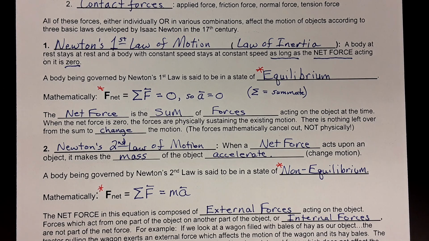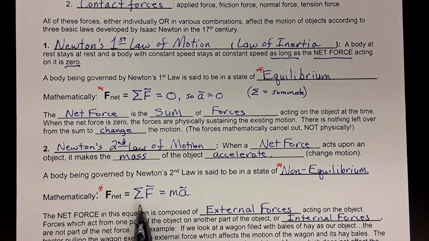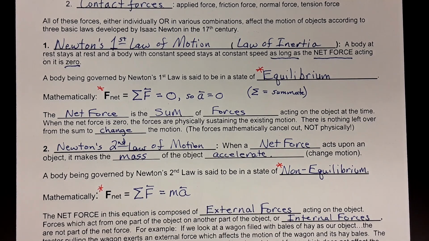And they don't affect the motion of the wagon. They're not part of the sum, the net force, that either keeps the wagon at constant velocity or makes it accelerate. Only external forces change the motion of an object if it's unbalanced. Internal forces have nothing to do with changing motion.